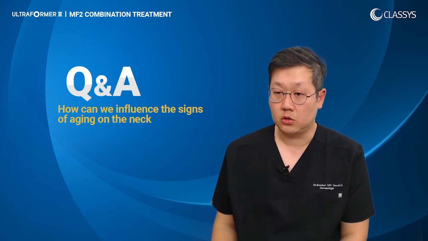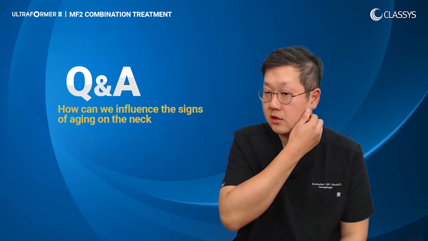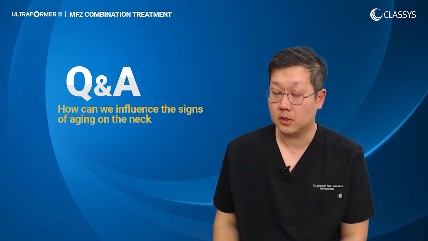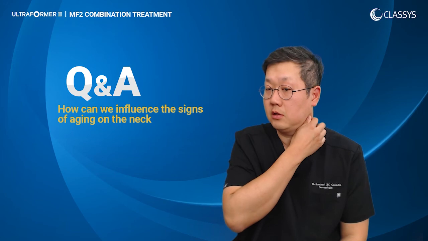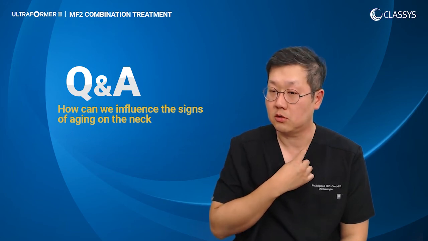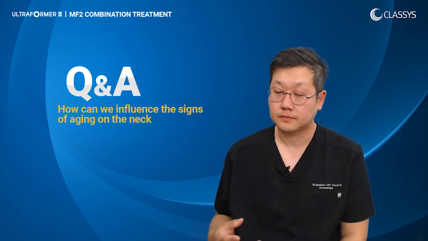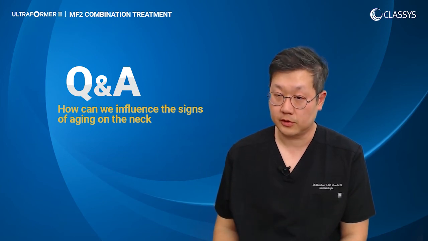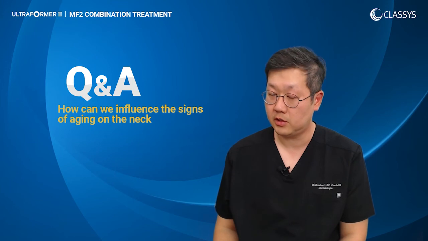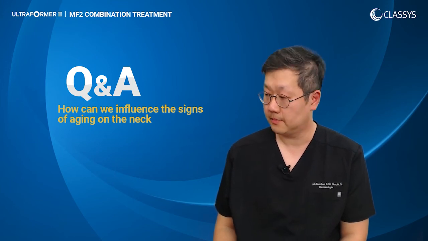But usually we use the 4.5 on the masseter muscle extension here, while for the neck area, from the adhesion muscles to the clavicles, we mostly just use MF2, and sometimes 3 millimeters, but it's very limited.